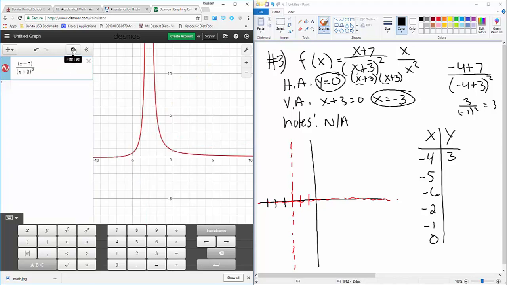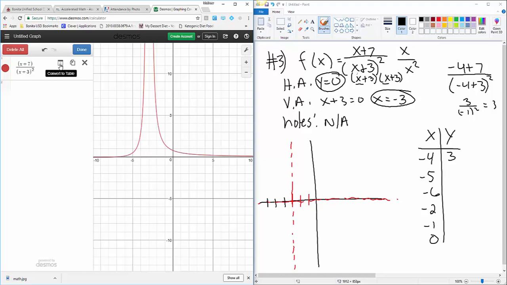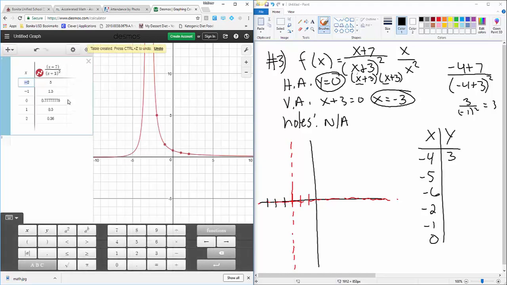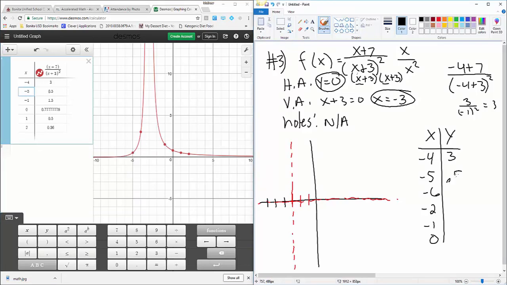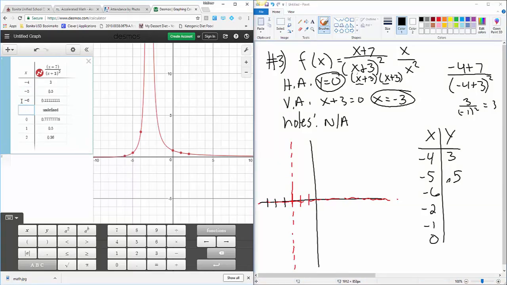If I hit this edit list and then convert to table, it'll give me all the values. So I did negative 4. Let's verify that. See, 3. If I plug in negative 5, that's going to be 0.5. If I do negative 6, 0.11. And so I can go through and graph that.